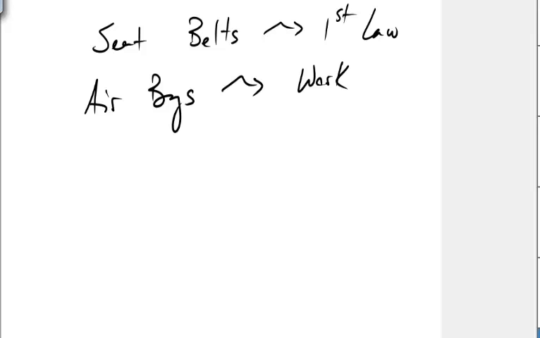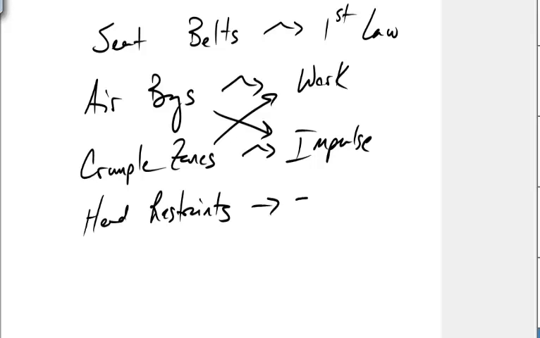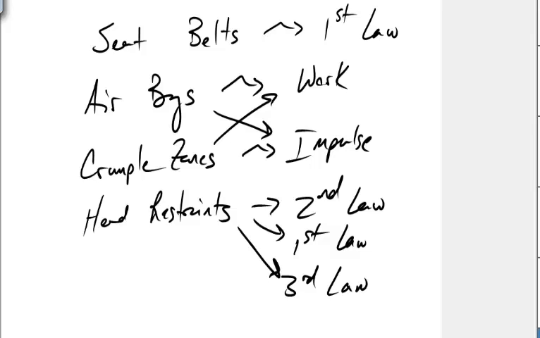Crumple zones, we talked about in section 7 and how they relate to impulse. By the way, we could have done airbags with impulse or crumple zones with work. It didn't matter. And then we talked about head restraints with the second law, and actually the first law, and oh yeah, the third law, because it all ties together.